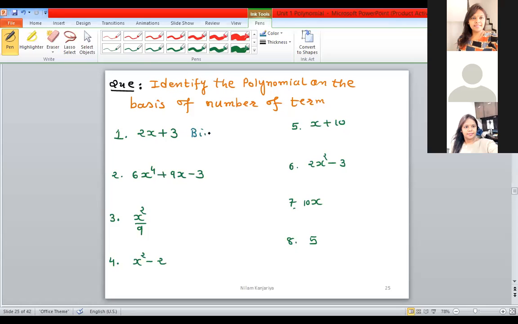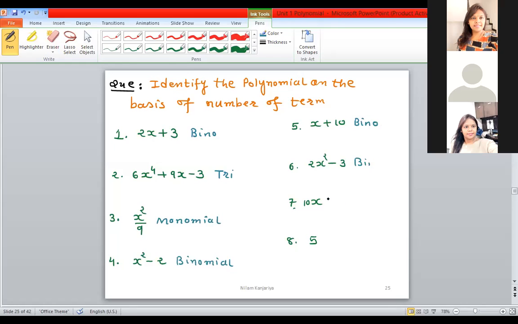So first is binomial, second is trinomial. Third one, who said? Monomial. It is a monomial, right? Number 4, binomial. Okay, it's a binomial. Fifth also binomial, right? Sixth also binomial.